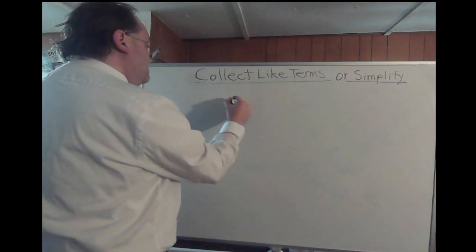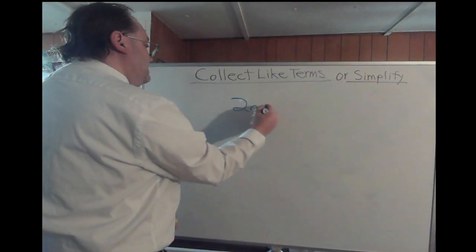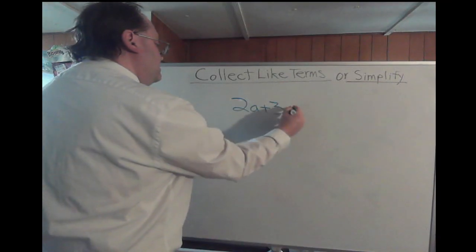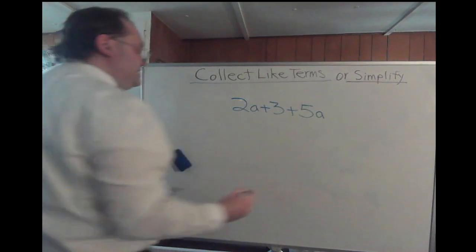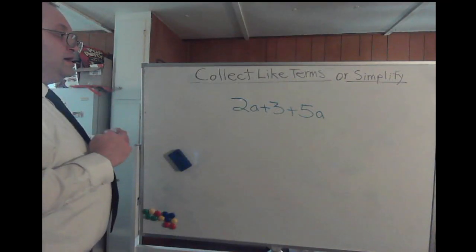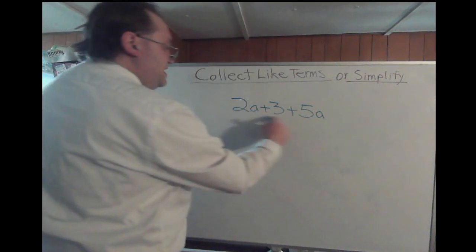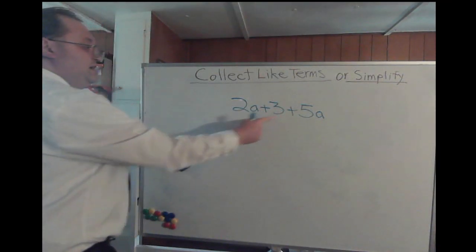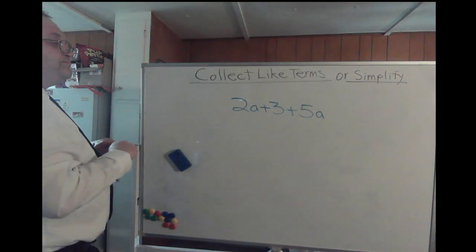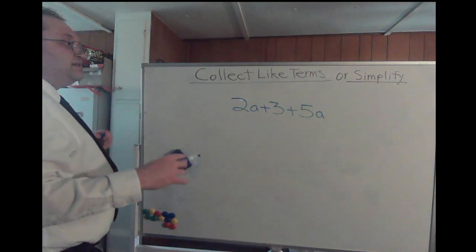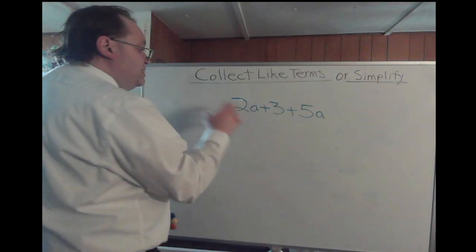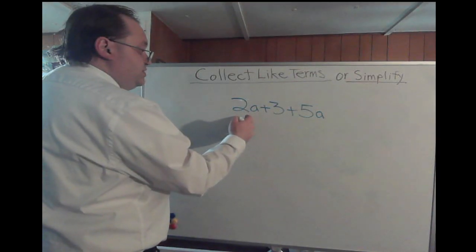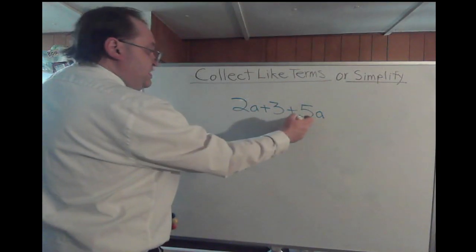Alright, we have 2a plus 3 plus 5a. Okay, this is a little bit different here, because we have two terms that have the same variable, then we have a constant. So in order to collect like terms or simplify, you start with your variable terms. You have 2a plus 5a.